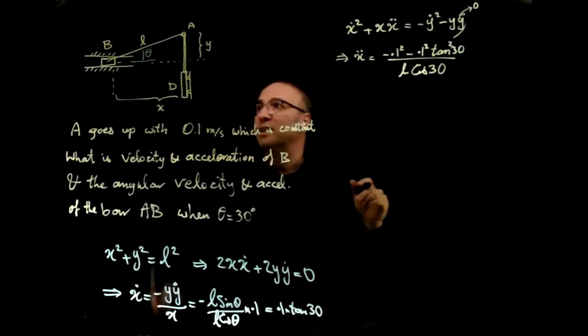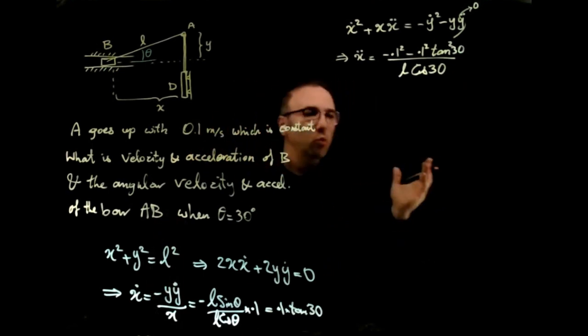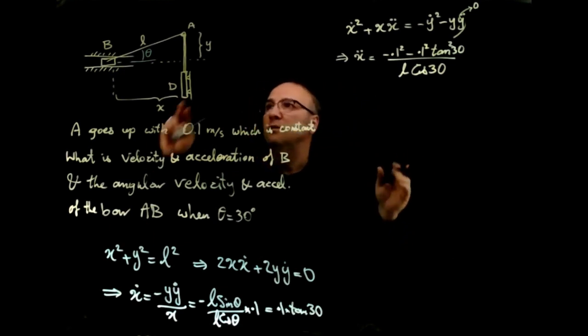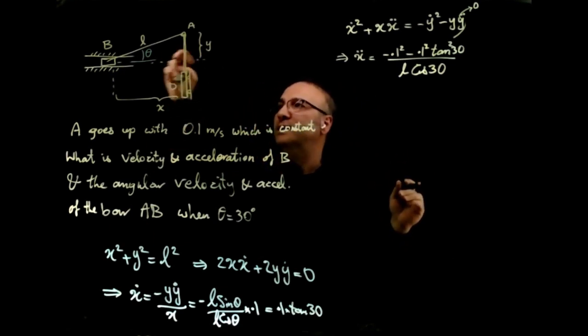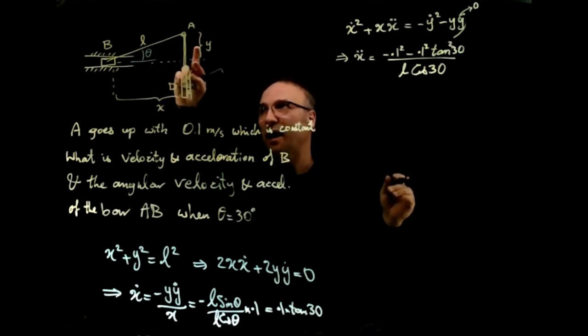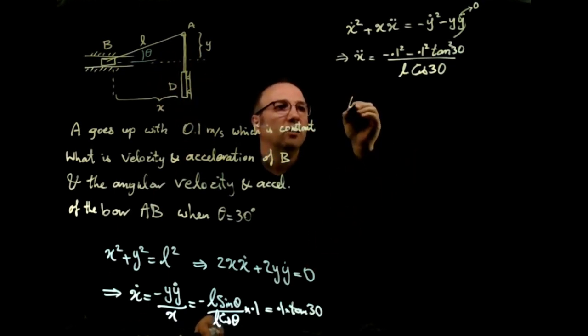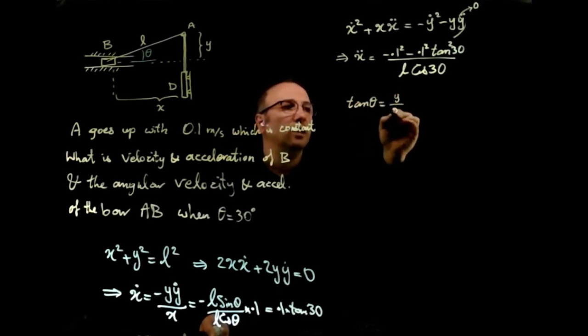So now we want to find theta dot and theta double dot. One relation that we can use is tangent theta equals y over x. Then we do the derivative and we have both y and x in our derivative. So that is one way. I can say tangent theta equals y over x, and then do the derivative of both sides.